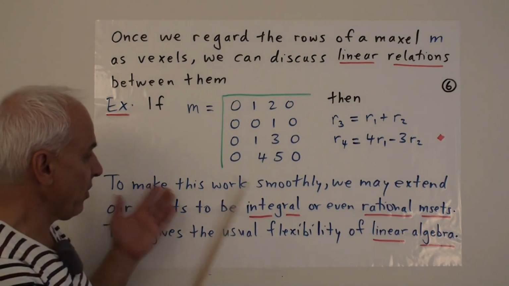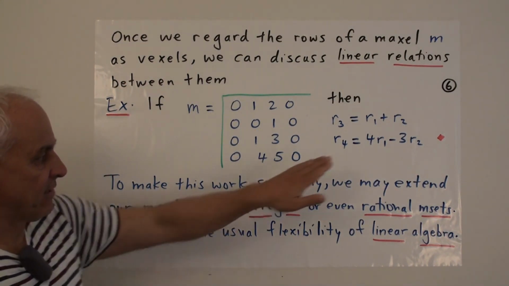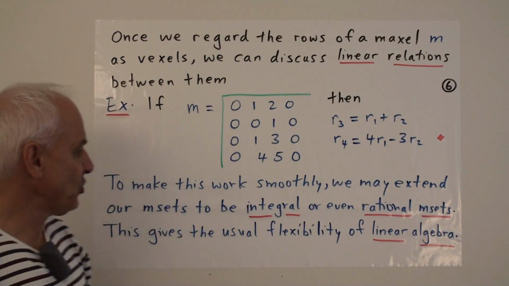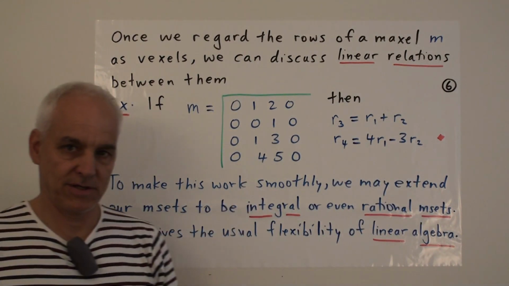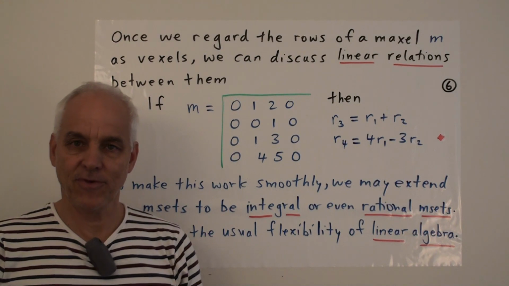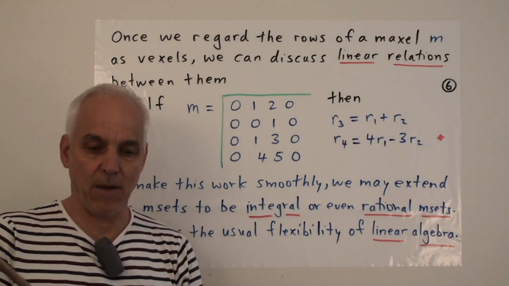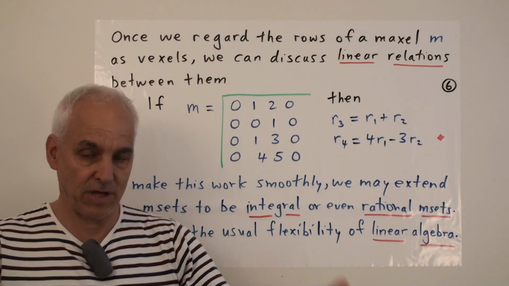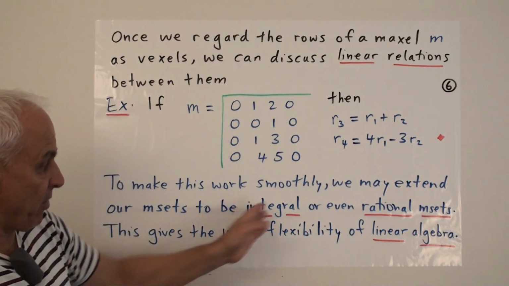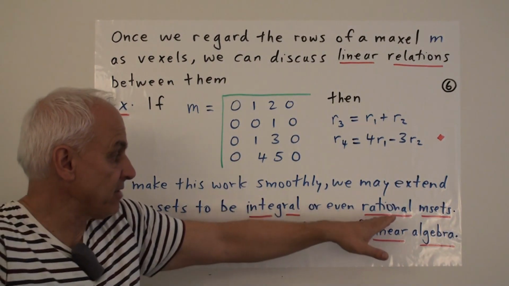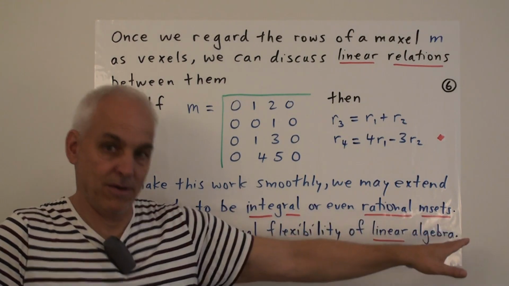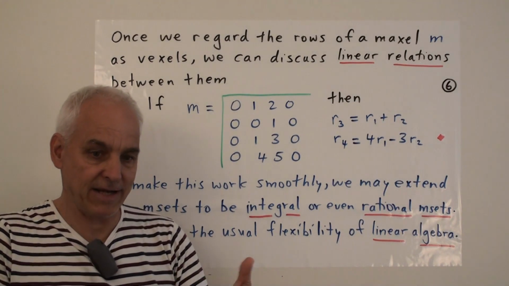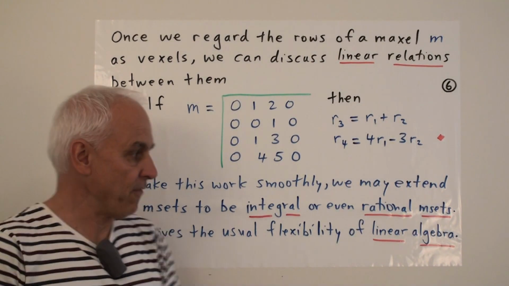Now, in order for this to work smoothly, as you can see, we want to extend our coefficients to allow integers, to allow negative numbers, so that we can take more general linear combinations, not just always positive linear combinations with natural number coefficients. And in fact, we probably also want to extend things to have rational coefficients. Then we can do standard rational mathematics at the level of these coefficients.